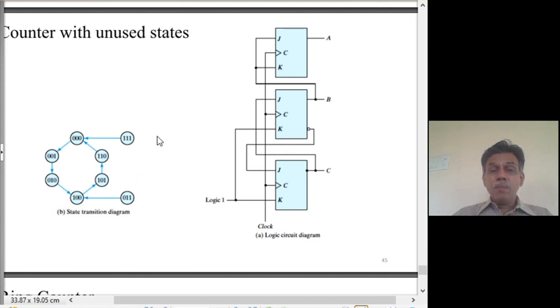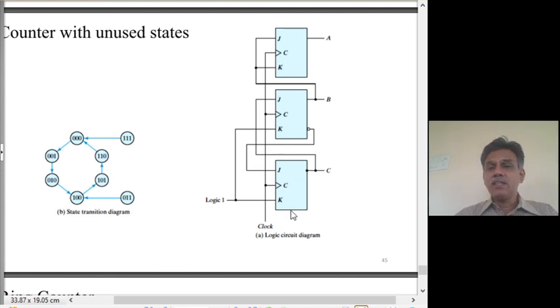But it may so happen that due to some conditions which we will later call hazards or race conditions and so on, or because of some noise spike, some flip-flop may be set in a bit position which is not what you have anticipated. So, because of some reasons, you may have all these 3 flip-flops set to the values 1, 1, 1.